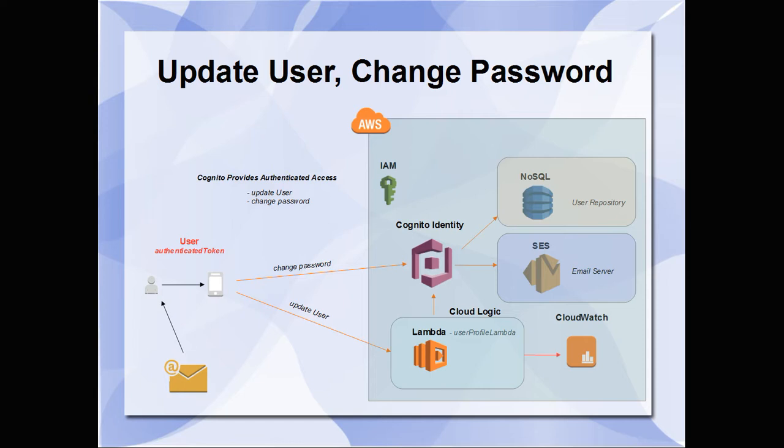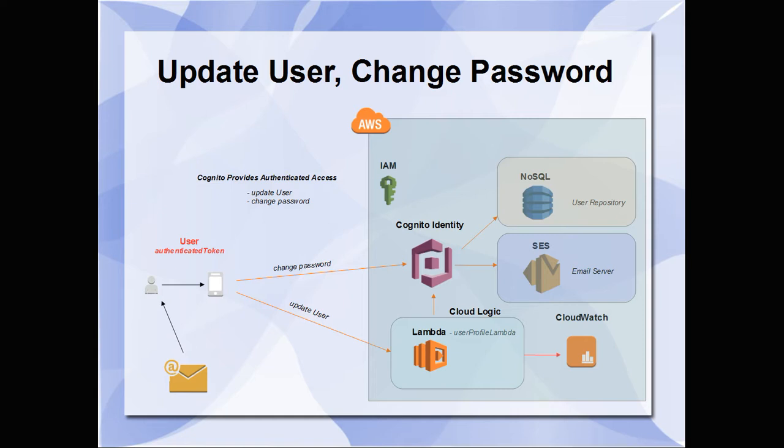Now, when you go to update user from the mobile hub application running on the user's device, the update function call on the SDK invokes Cloud Logic. That's a user profile Lambda function which we implemented to update the user profile.